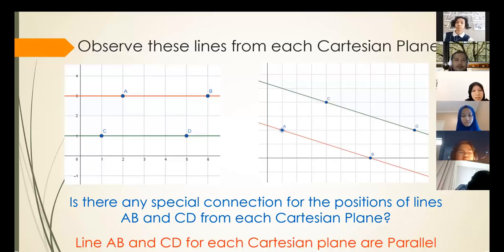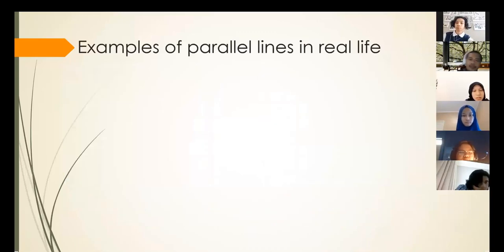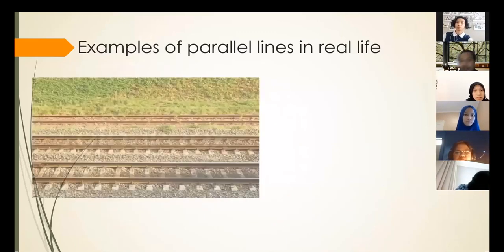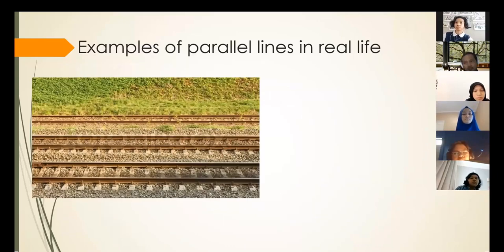Okay, these are examples of parallel lines in real life. I'm pretty sure that you have seen this. This is what we call a railroad, for the train to pass through, and this is a real life example of parallel lines. Imagine that it's not parallel.